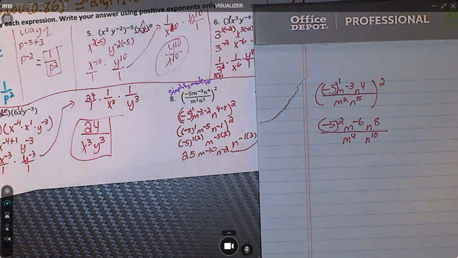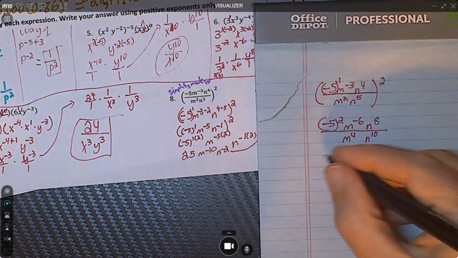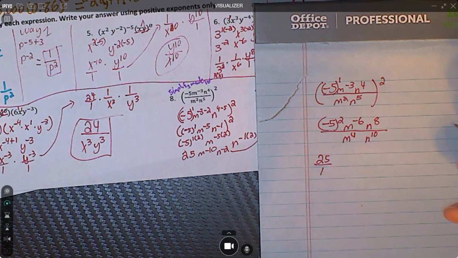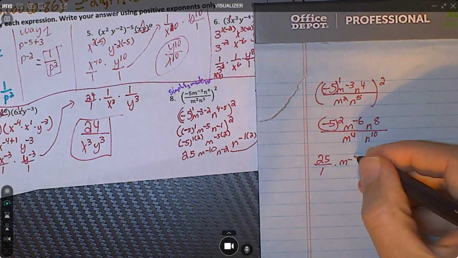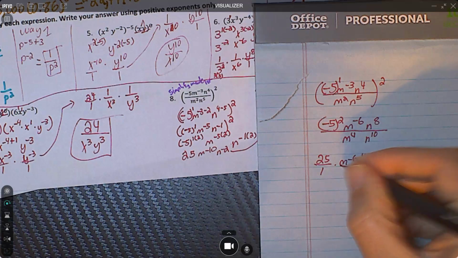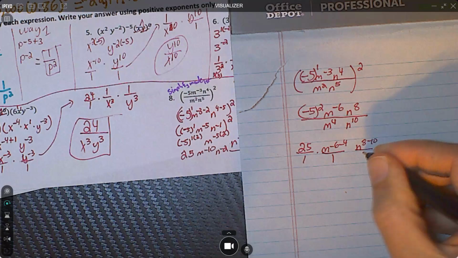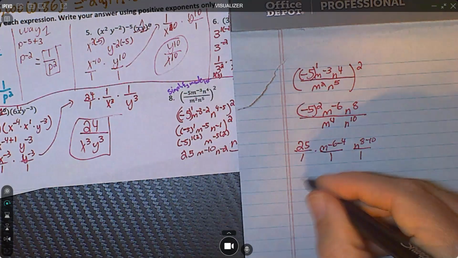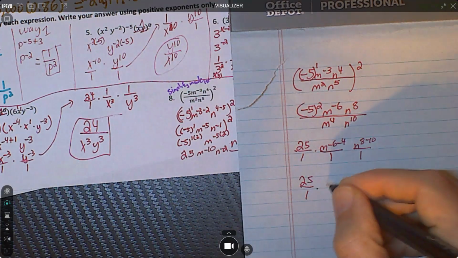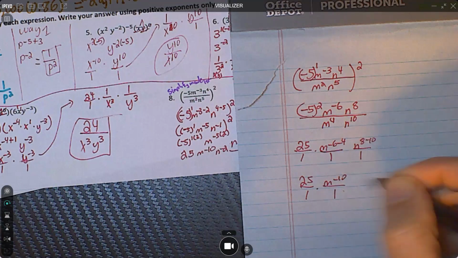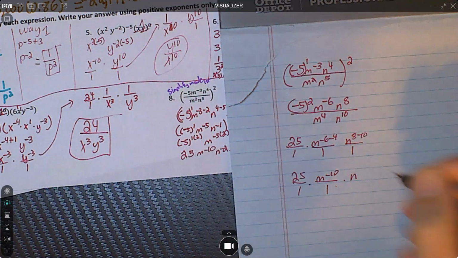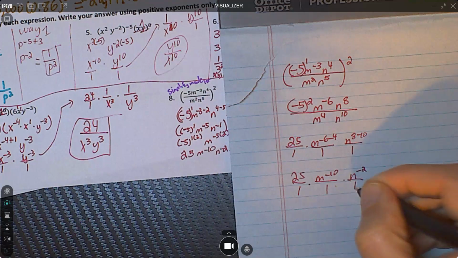So we could have done it that way and got 25 over 1 times m to the negative 6 minus 4. And then we could have had n to the 8 minus 10 over 1. And now we got 25 over 1 times m to the negative 10th over 1 times n to the negative 2 over 1.